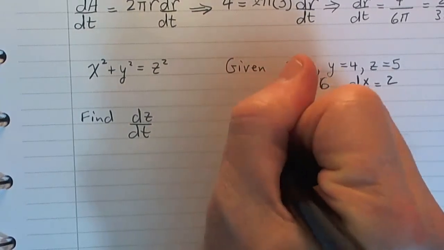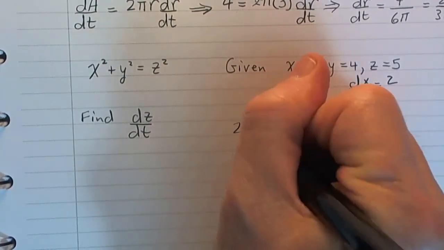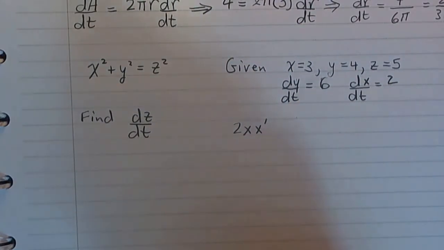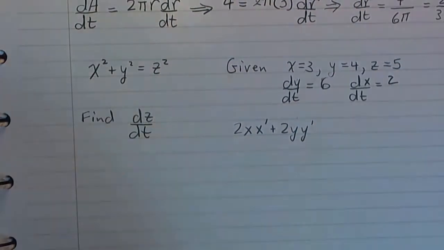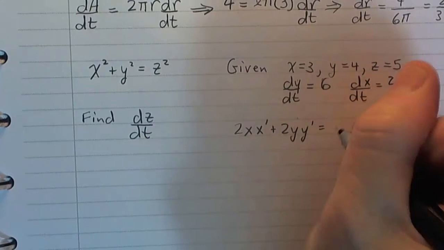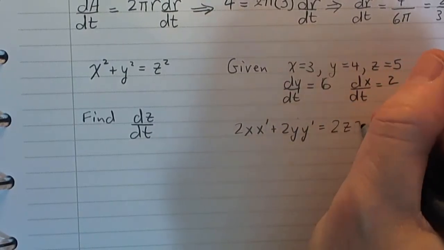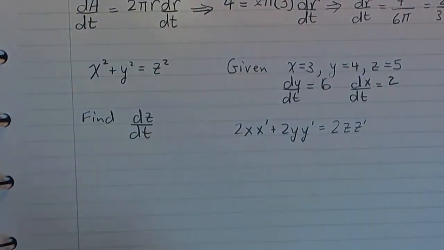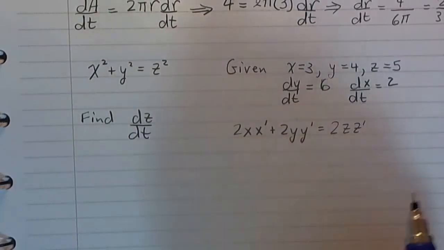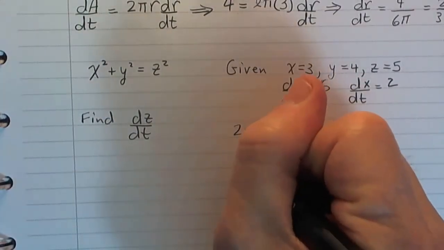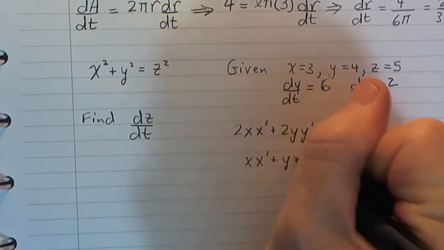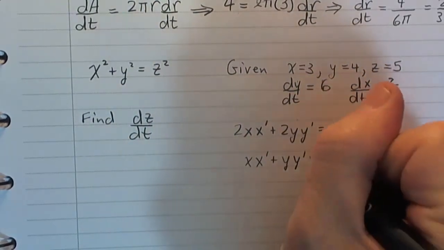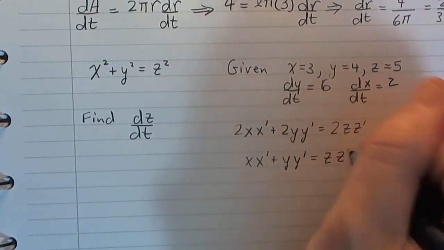I've got 2x, and let me just call it x prime, plus 2y, y prime, and let's just understand that this is with respect to t, equals 2z, z prime. Now notice all these 2's will cancel out. So I've got x prime plus y prime equals z prime.